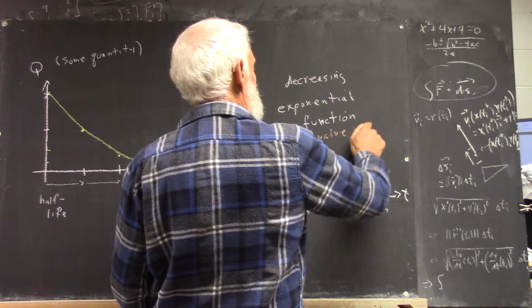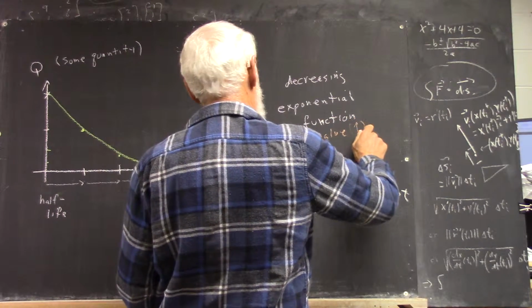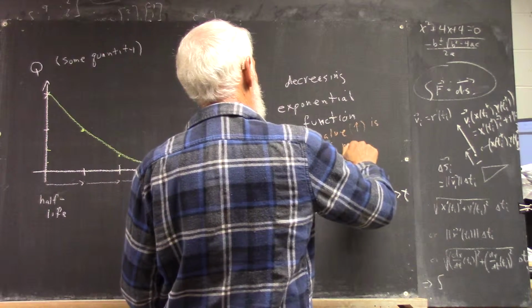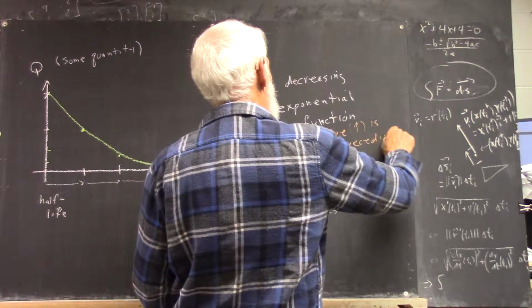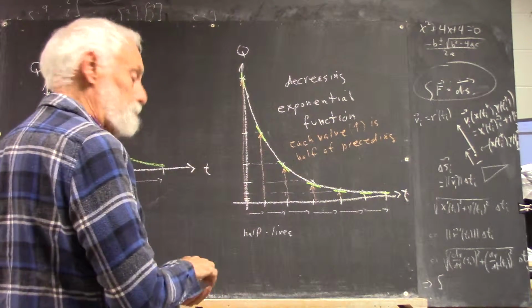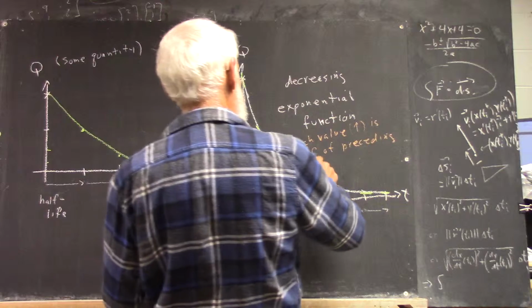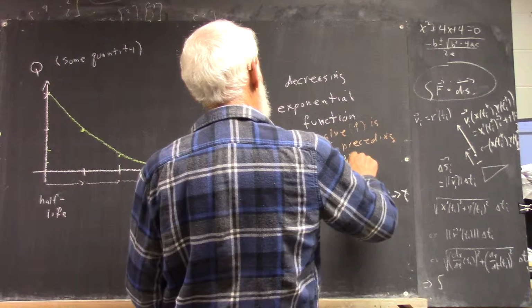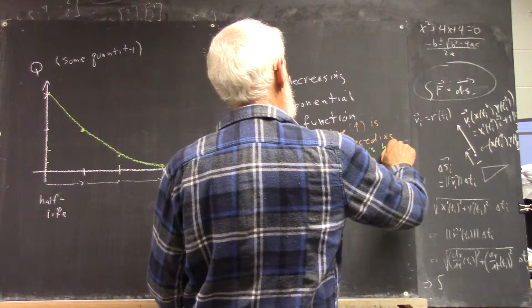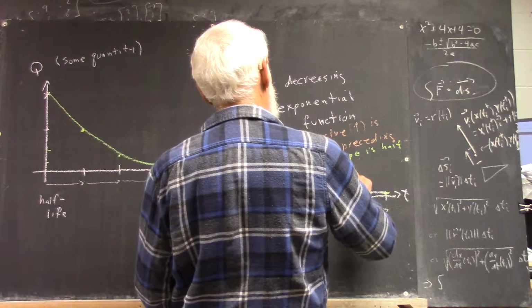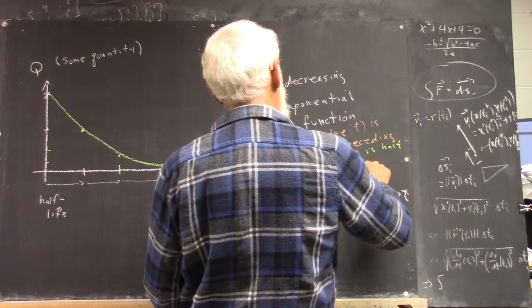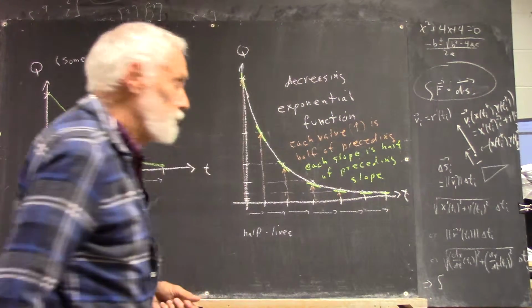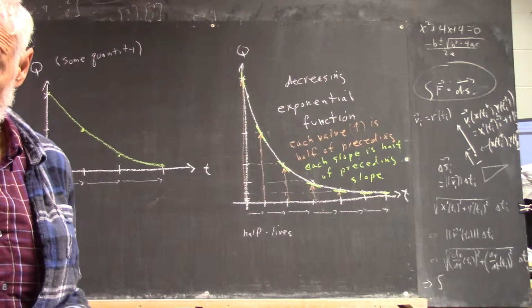Each value indicated by an arrow is half of the preceding value. And each slope is half of the preceding slope.